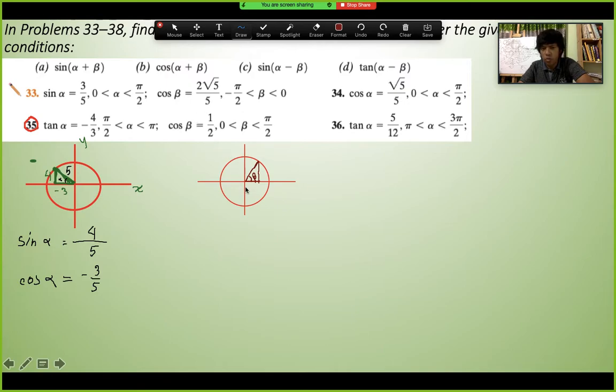When it is 1 by 2, our formula for cos is adjacent by hypotenuse. That means this will be our 1 and the hypotenuse is this, so this will be our 2. Now we need to find this side by using the Pythagorean theorem. Suppose this side is x, then x will be the square root of 2 square minus 1 square.